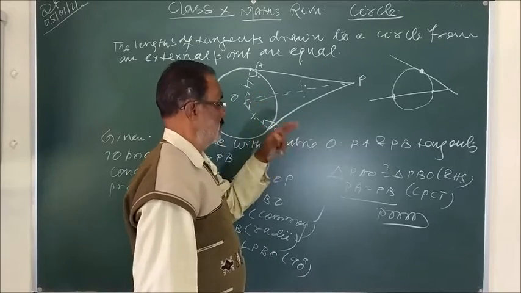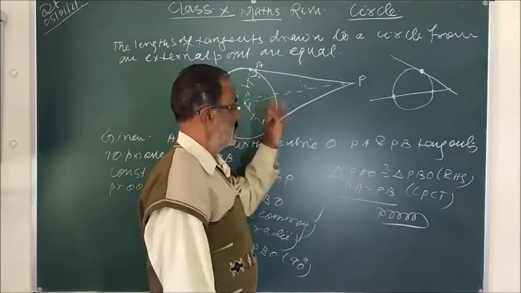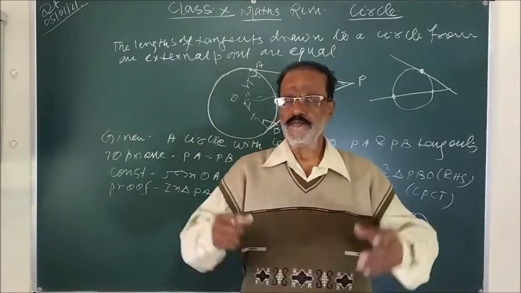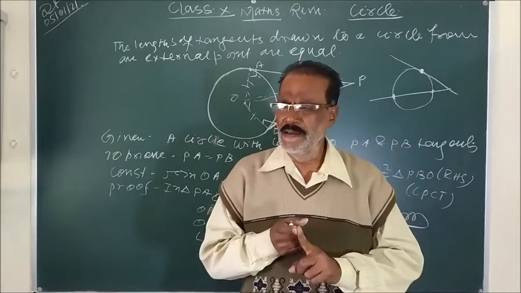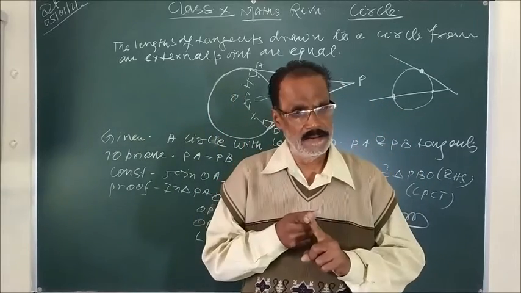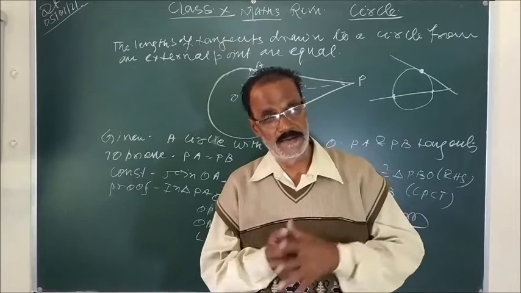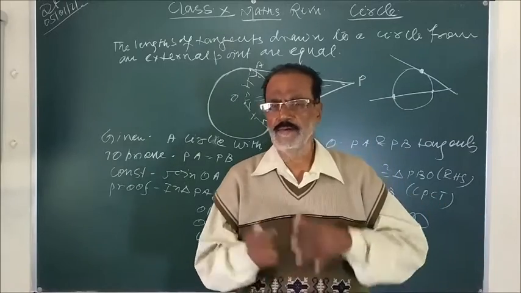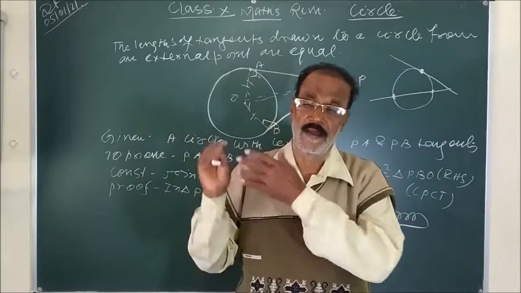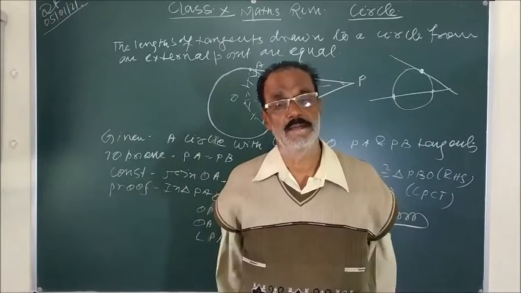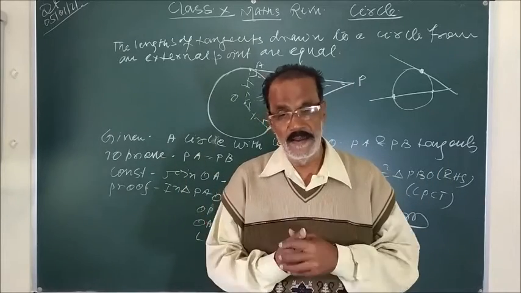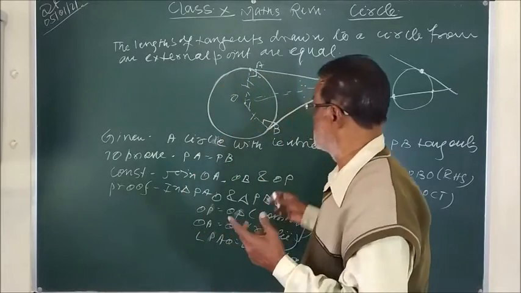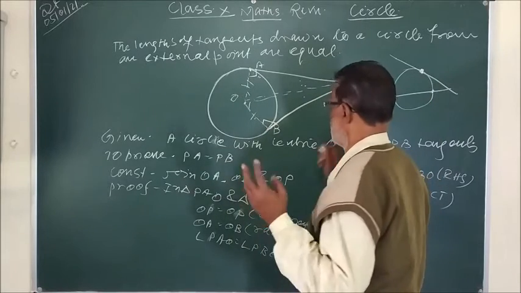This is proved by the RHS theorem, the right angle hypotenuse side theorem. What is the RHS theorem? In two right triangles, if the hypotenuse and one side of a right triangle are equal to the hypotenuse and one side of the other right triangle, then these right triangles will be congruent. The right angle is already mentioned, so one angle is automatically equal.